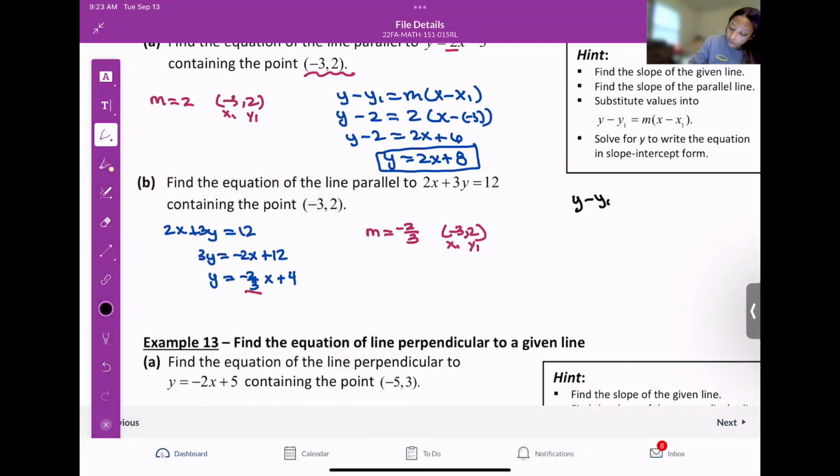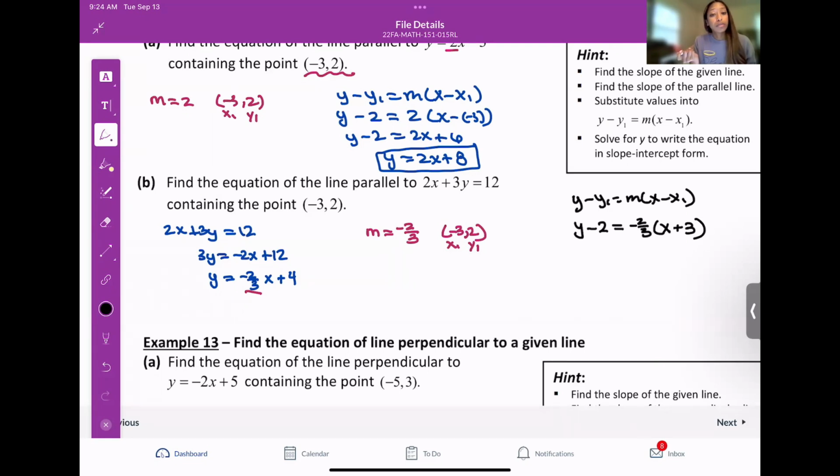y minus y1 equals m times x minus x1. So we can ignore everything from the first equation. Now we're just using the slope is -2/3 and our point is -3, 2. So that's y minus 2 equals -2/3 times x minus -3, which would be x plus 3.